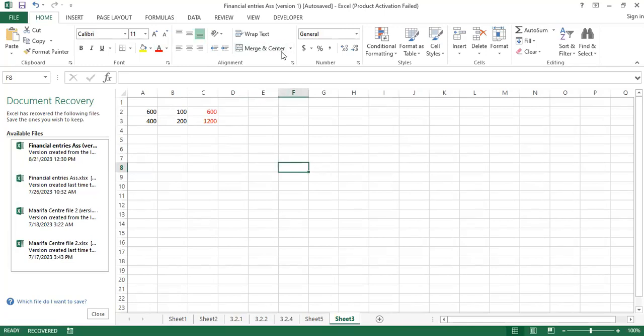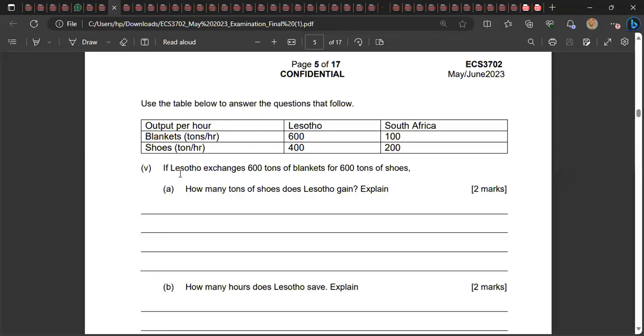According to the question now, we have the autarky prices of 600. Lesotho is exchanging 600 tons of blankets for 600 tons of shoes.